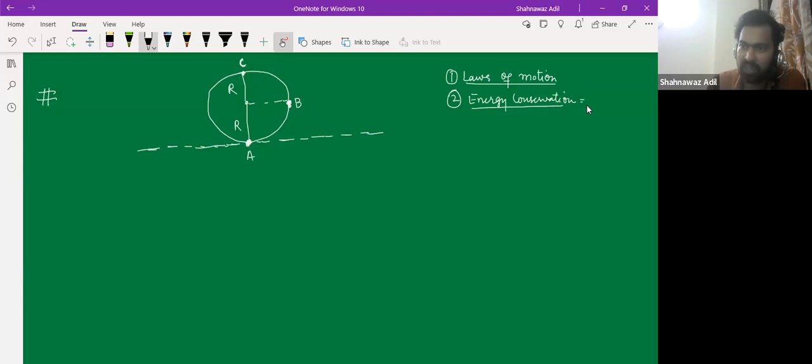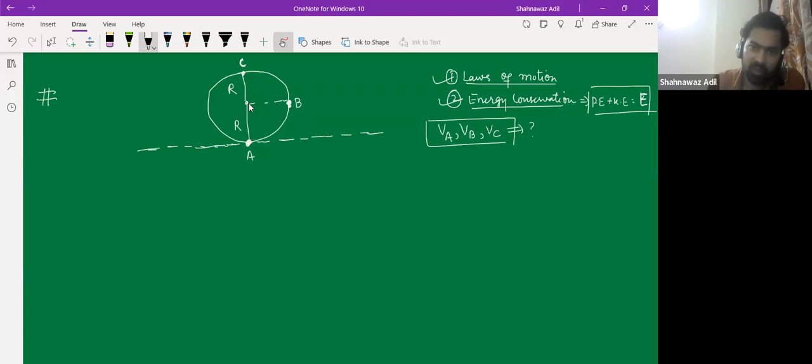Energy conservation is that potential energy plus kinetic energy is conserved, so that is a constant, E, the total energy. I will use these 2 principles to find the relation. The goal is to find out the velocities at different points. So these are the 3 things I have to find out. I know these 2 relations.